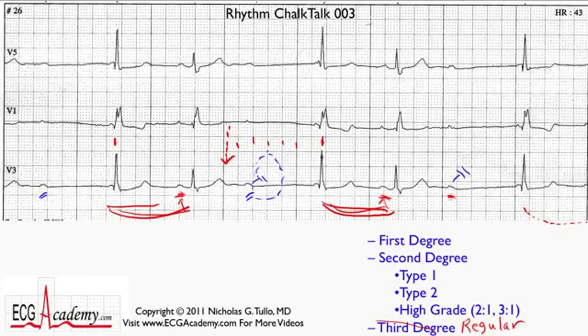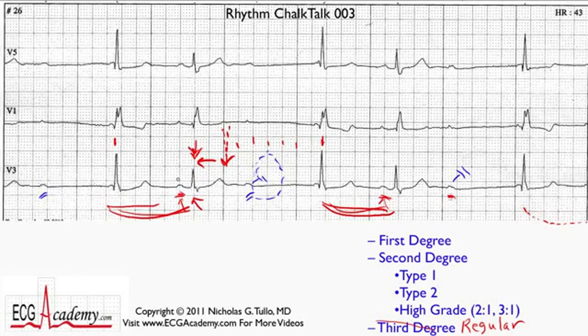If this was an escape rhythm and none of the P waves were getting through, then a QRS would have fallen somewhere around here. But instead, this QRS was moved up. It occurred earlier. So that tells you this QRS had to have been conducted from above. It makes sense because there is indeed a P wave in front of it.